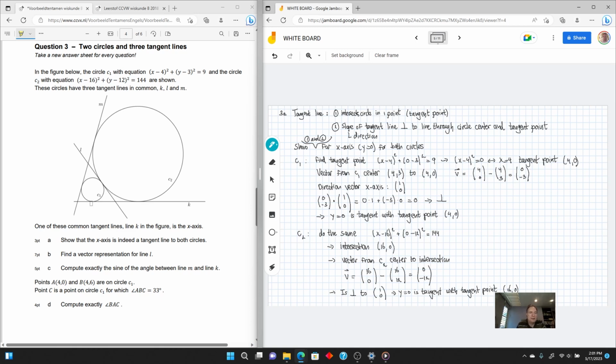So we know that the y coordinates of these points are 0. And then they ask to show that the x-axis is indeed a tangent line to both circles.